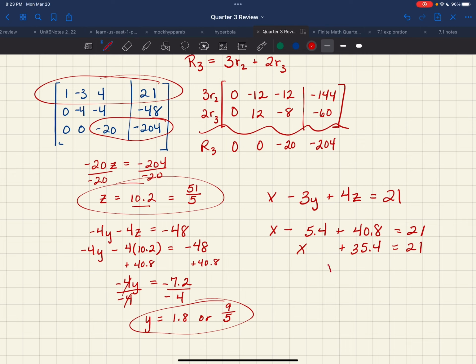Okay, and then x is going to equal 21 minus 35.4. So I should get negative 14.4.